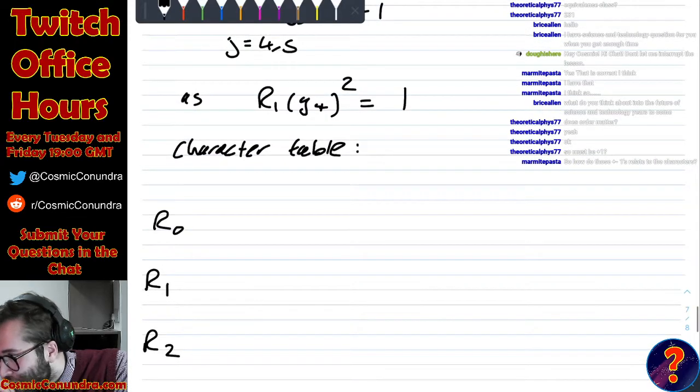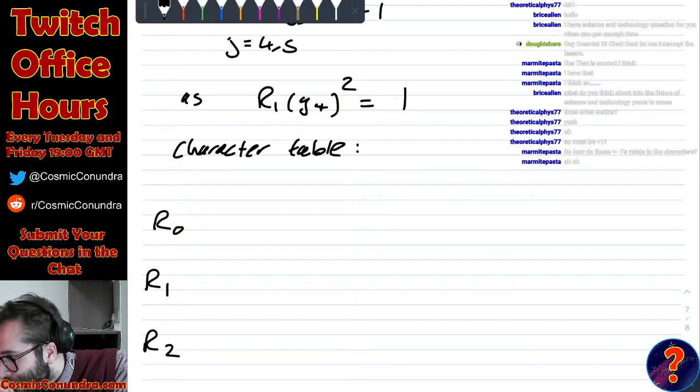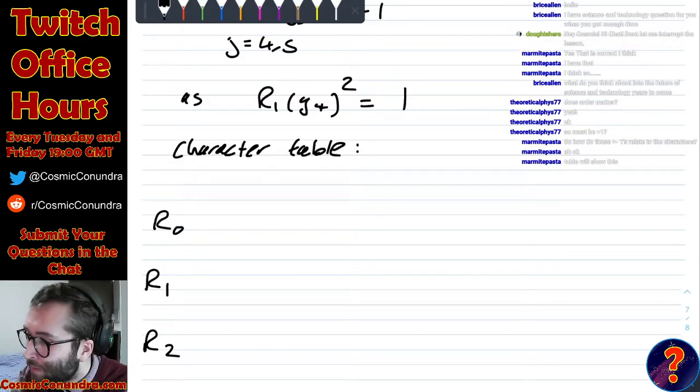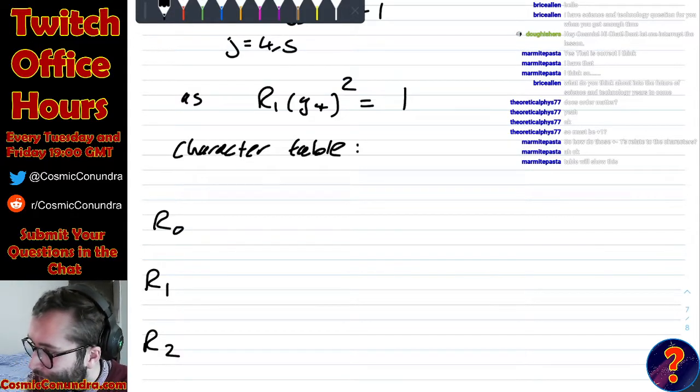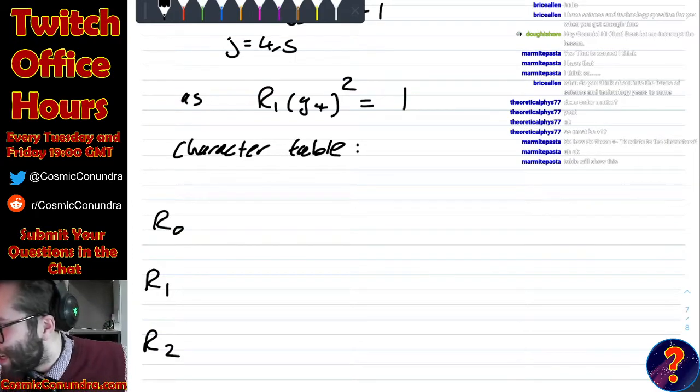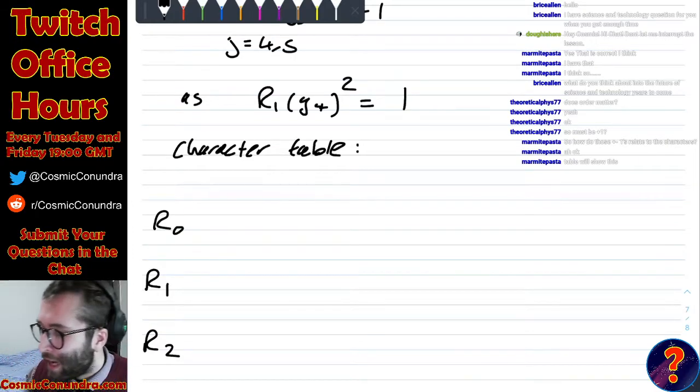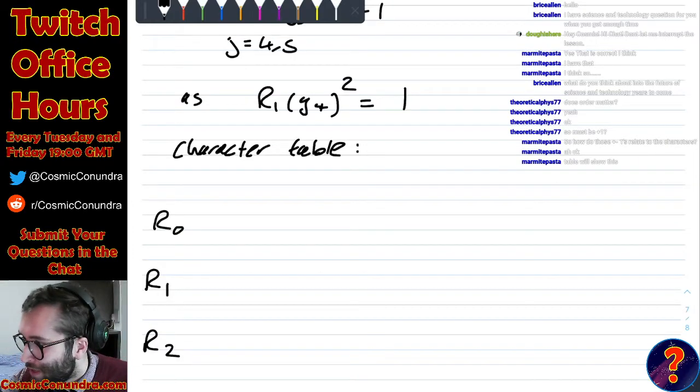And what we're going to do, so how do those plus minus ones relate to the characters? Well, they are the characters. And yeah, the table will show that. So because we're considering at the moment this one-dimensional representation, the character is just the trace of the representation matrix. And because this matrix is 1 by 1, it just means that the character is the thing itself. Okay, it is this 1 by 1 matrix.